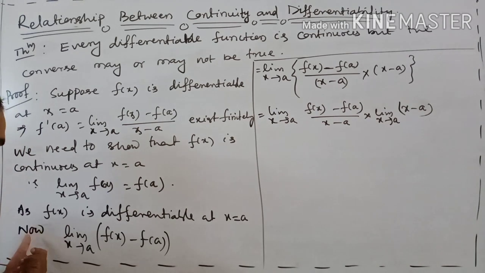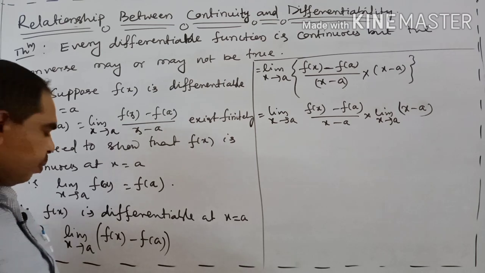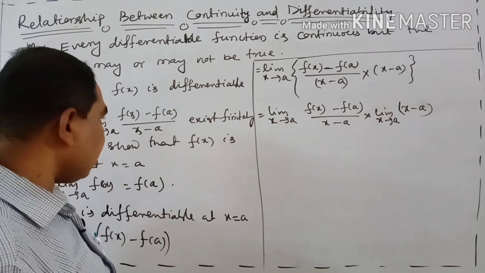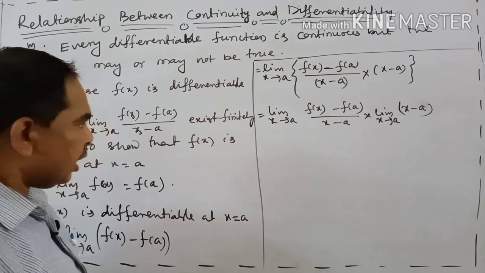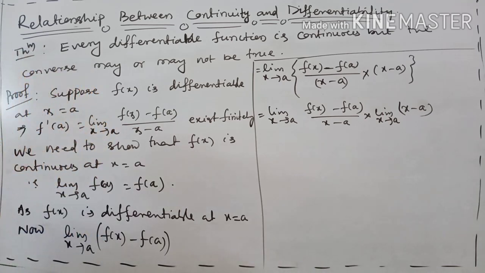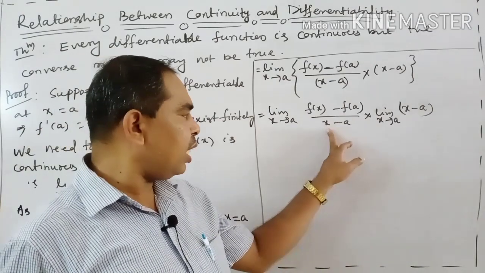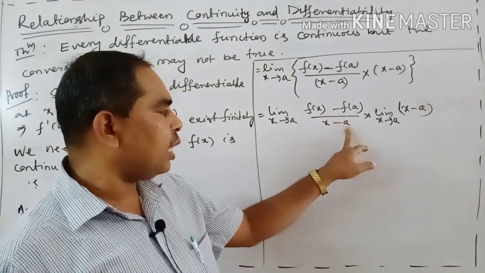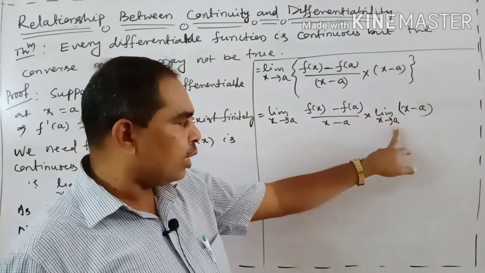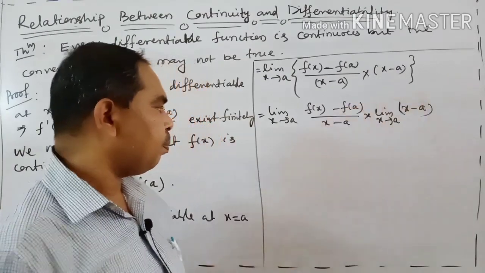We have limit x tends to a, f x minus f a is equal to limit x tends to a, f x minus f a divided by x minus a into x minus a, which is equal to limit x tends to a, f x minus f a divided by x minus a into limit x tends to a, x minus a.